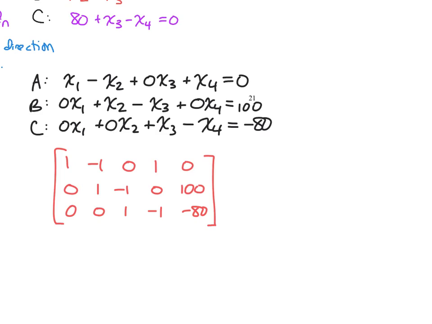So 1, negative 1, 0, 1, 0, 0, 1, negative 1, 0, 100, and 0, 0, 1, negative 1, negative 80. Double check here. All right, let's hit enter on that to make sure it's locked in. Good.